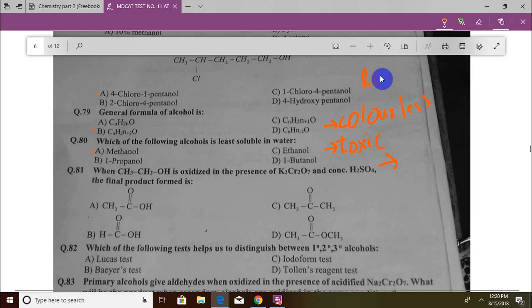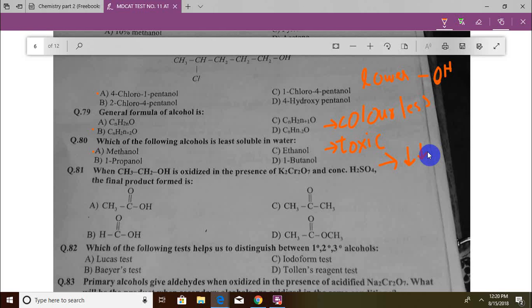Talking about the lower OHs at the moment, there will be changes in the properties as the hydrocarbon chain gets bigger and bigger. They're readily soluble in water, but solubility decreases in higher alcohols, and this is important. The solubility is due to hydrogen bonding, which is prominent in lower alcohols but diminishes in higher alcohols. This is important.